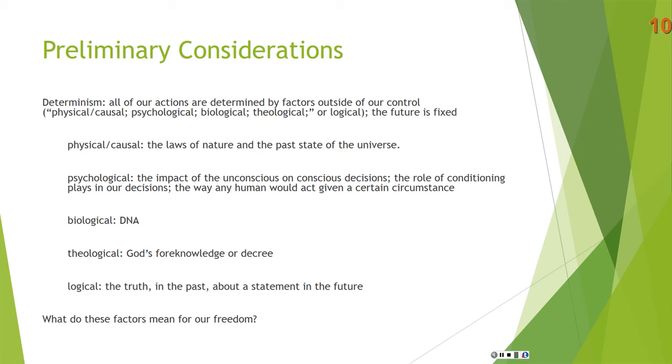Then there are biological factors that may determine our actions, like our genetics, and this is seen fairly clearly with studies of identical twins that have been separated, but then brought together and studied.